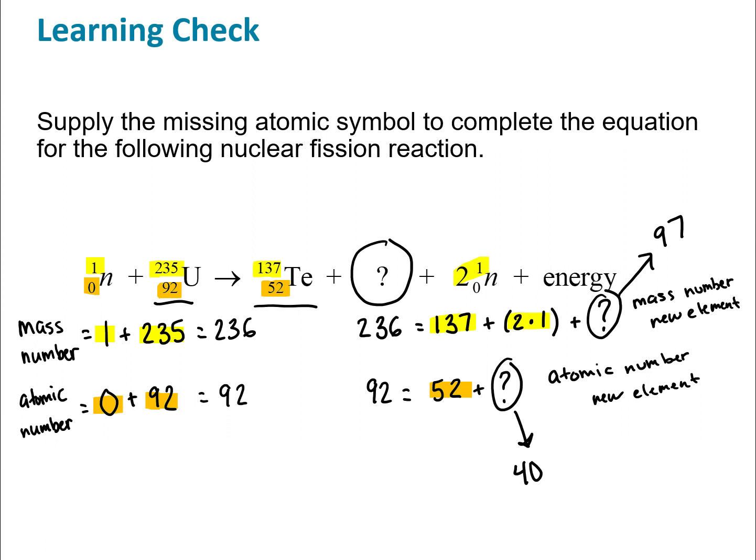So remember, it's just solving an equation. So you're solving for x in both of these. The atomic number tells you the identity of the element. Zirconium has an atomic number of 40.